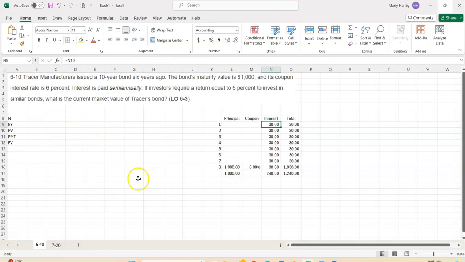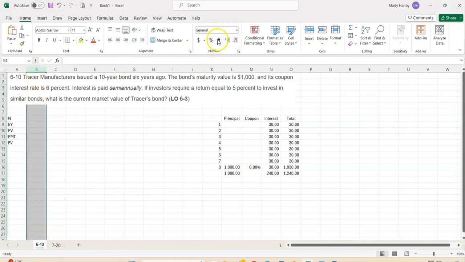But we don't work those problems in this class. So we have the coupon payments, and the total is the principal plus the interest. We only have one principal payment, then a constant $30 coupon payment, and in the last period we receive both.